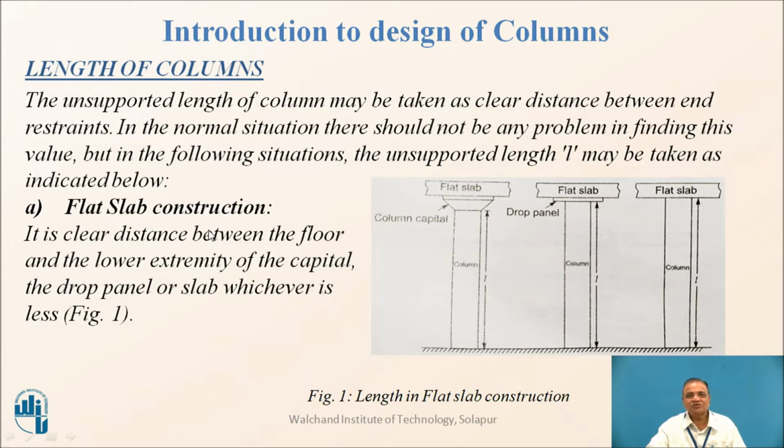Here the unsupported length is taken from the head of the capital, here from the bottom of the drop, and where there is no drop or no head, it is taken directly from the bottom of the flat slab to the floor level.